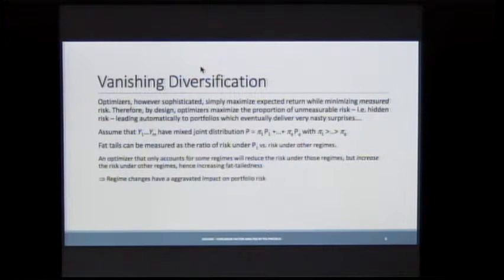So what happens is that you take a portfolio and you find a combination such that the risk under P1, P2, etc. is reduced. Now, suppose that each of those models doesn't have such big fat tails, but the tails come from the combination of those. So you get those low probability models, but with typically higher standard deviation.